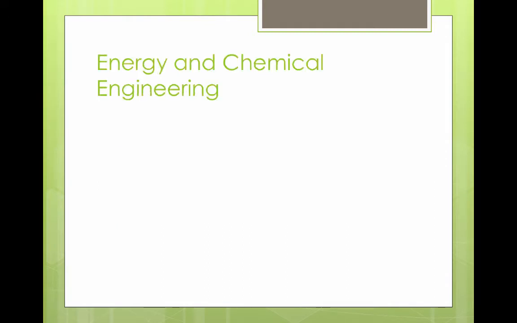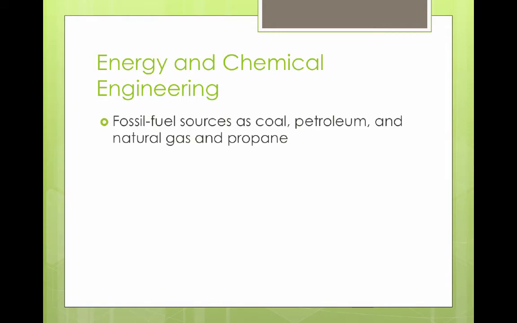So let's talk a little bit about energy and chemical engineering and how chemical engineers relate to the field of energy production. Traditionally, chemical engineers work in areas of fossil fuels and obtaining energy from fossil fuels.